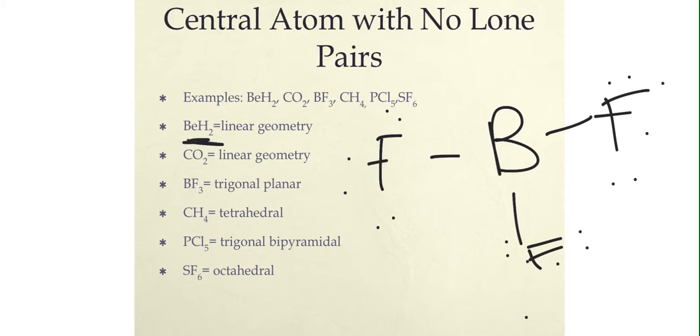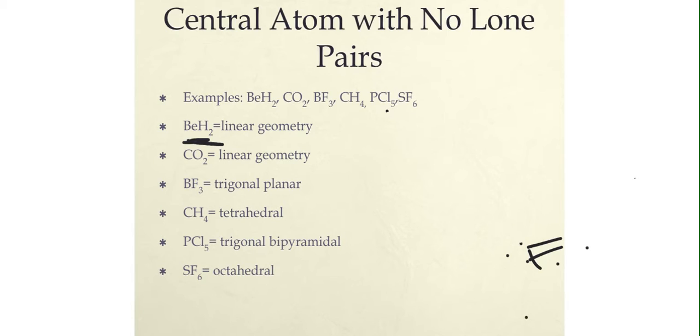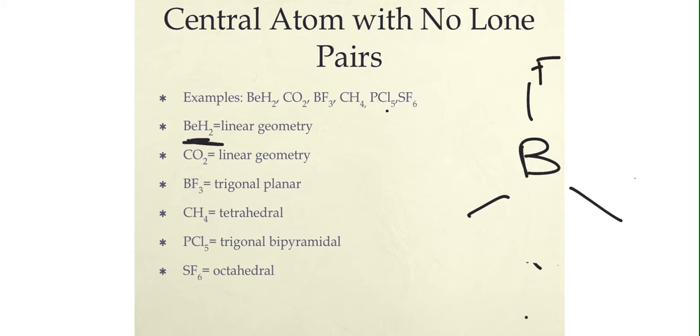So I'm going to go ahead and change this Lewis structure I have on here, and I'm going to show you what it truly looks like. So here's boron. Again, that's still in the middle, but it's going to form what looks like more of a triangle shape.